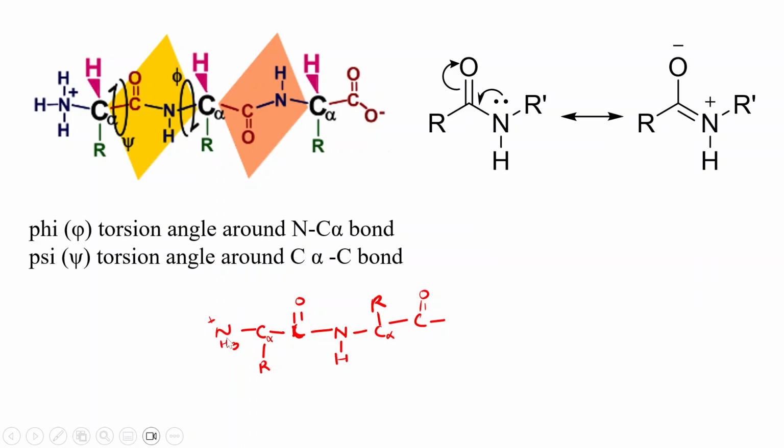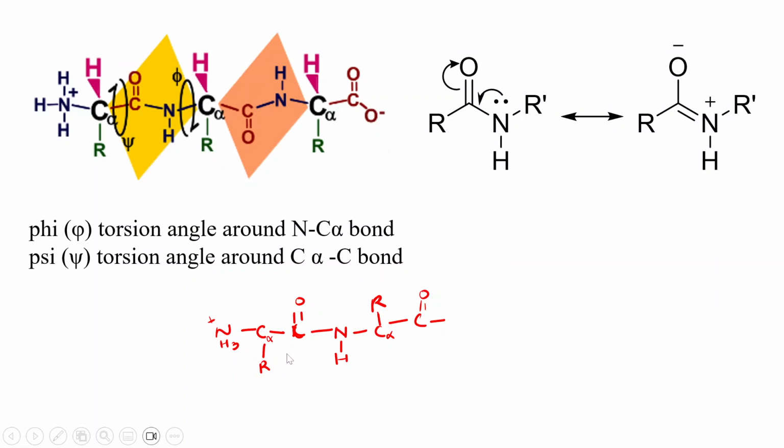If you see a peptide chain, you will have different amino acids attached together through peptide bonds. So they will form a backbone. This is the backbone structure: N, C alpha, the carbon of the carboxylic group, then again N, C alpha. What will differ are these R groups.